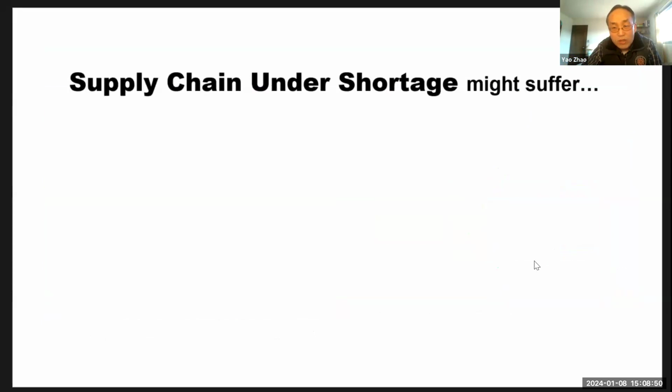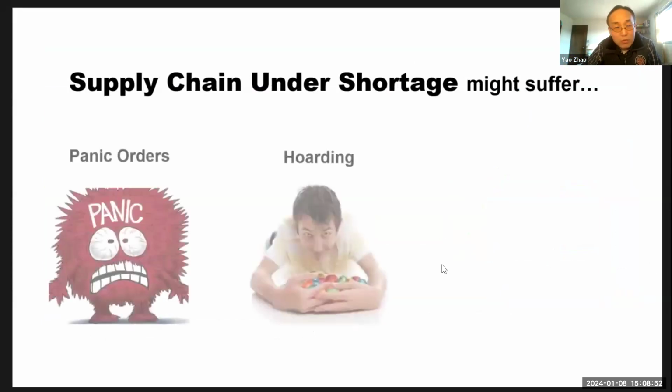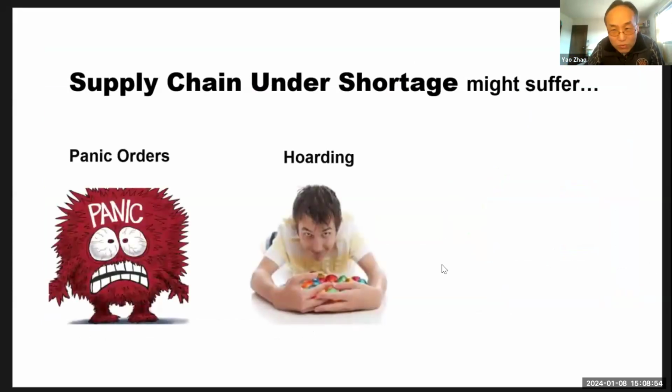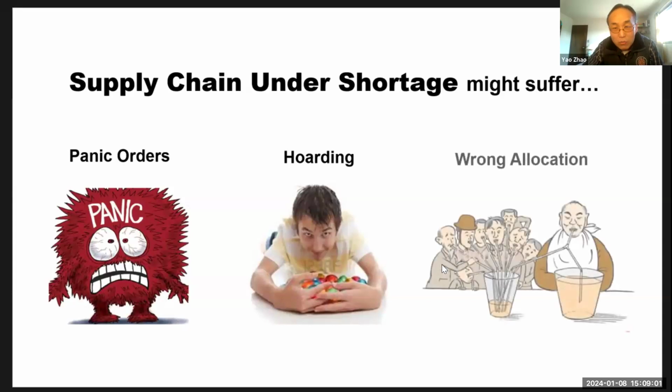If the allocation rule is not designed well, you will have panic orders and hoarding, which may lead to a complete supply chain breakdown with a wrong allocation of the limited resources. So some people may starve, many people actually were starved, while some others will hold excessive inventories and waste. That's a situation we try to avoid.